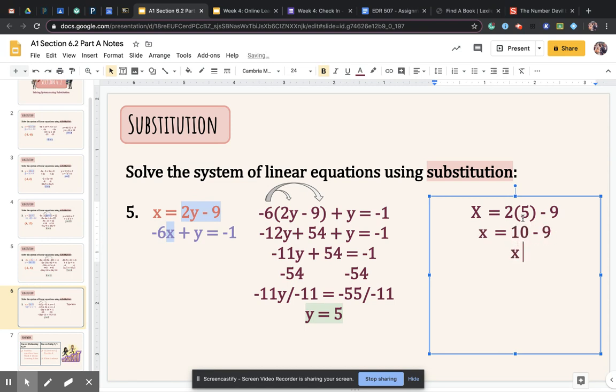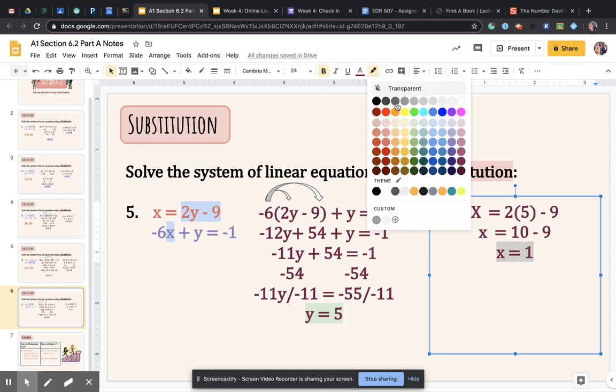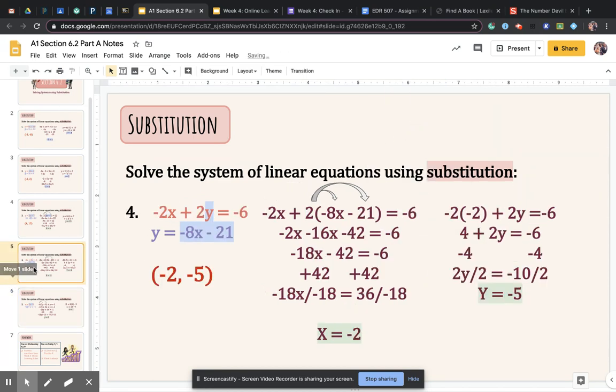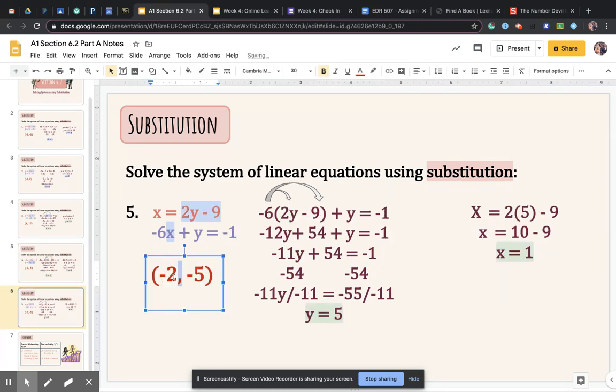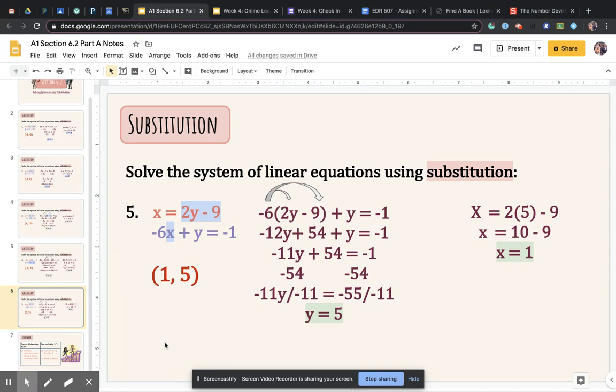And then x should equal 1. There we go. That's our answer. So again, I'm just going to take this. Our x value, so remember these are going to be backwards slightly, is 1, and then our y value is 5. So our answer for that is 1, 5.